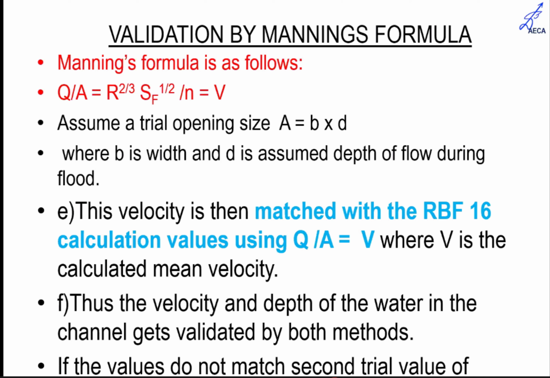So we get the velocity from this based on our assumed depth of water flow, the slope of our channel or our box, and the roughness coefficient, which we are taking here for the concrete bed.